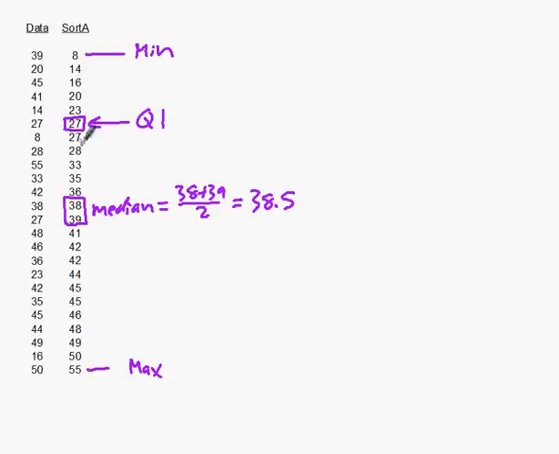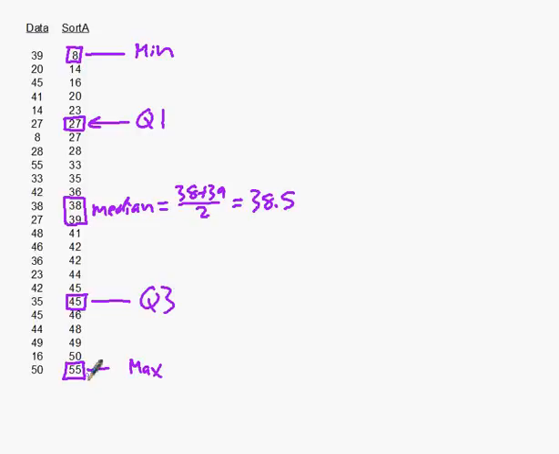There's 5 below, there's 5 above. We're going to do the exact same thing down here. And it turns out that that is the third quarter of the data set. So that's the third quartile, or Q3. So here are our 5 numbers in the 5 number summary: the minimum, first quartile, median, third quartile, and maximum.